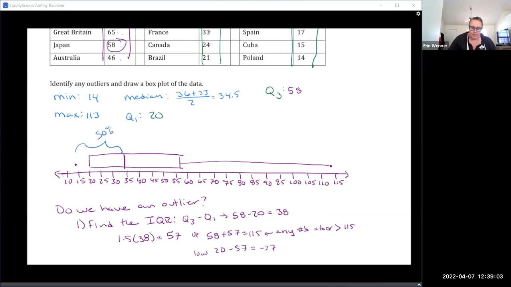This is also 50% of the data. Therefore, there is a huge difference in the upper limits of our data versus the lower. So the first 50% is much more closely grouped, and the upper 50% has a huge range, right?